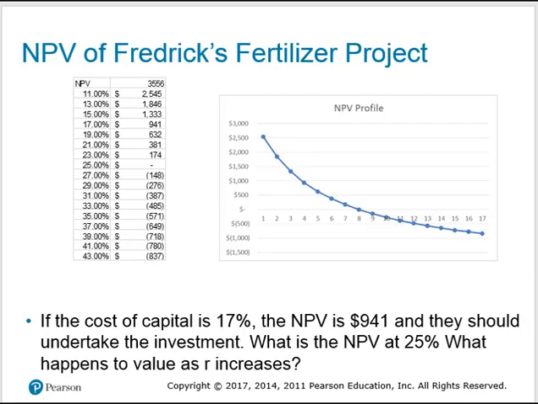So if we take a project from your textbook, there is a project, it's this Fredrick's Fertilizer project. We plug in the information, we find that if the cost of capital was 17%, the net present value is $941. And they should obviously do this project because net present value is positive.